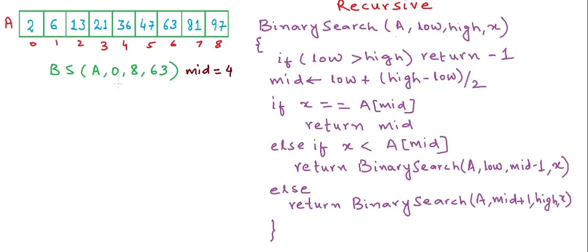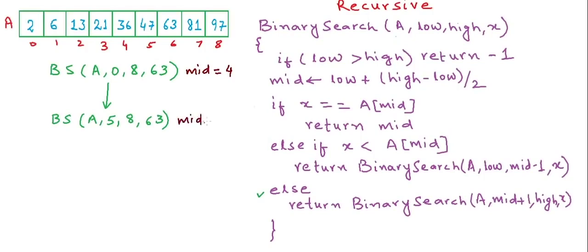The element at index mid, index 4, is 36, and 63 is greater than 36. So we come to this else condition, the third condition, and we make a recursive call to search for 63 within range mid +1 which would be 5 to 8. Now once again, for this function, low greater than high is not true, so we calculate mid.